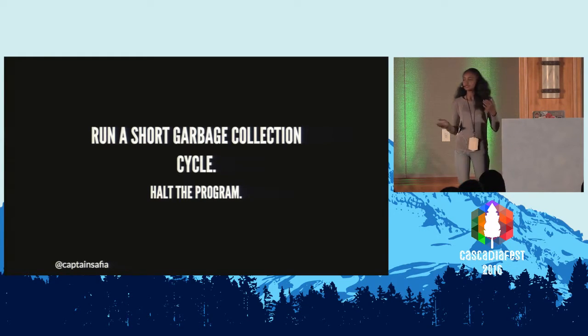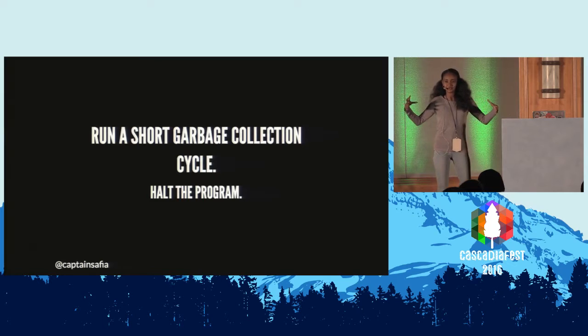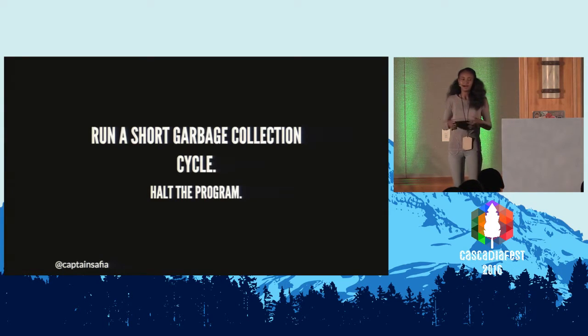And you might imagine that there's some performance setbacks to this, obviously. This is made better by the fact that most of these garbage collection cycles, where you halt and then run a garbage collection cycle, happen in short chunks of memory, so that you're not running a really long garbage collection cycle on a huge piece of memory for a really long time.